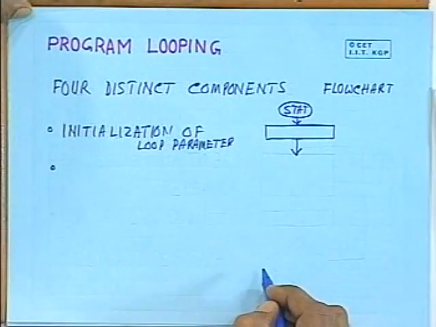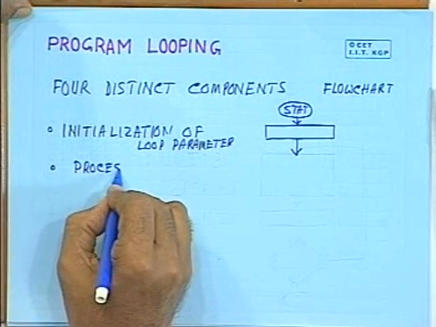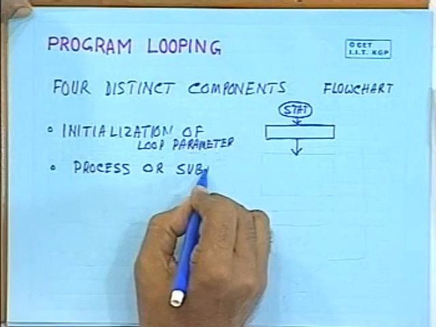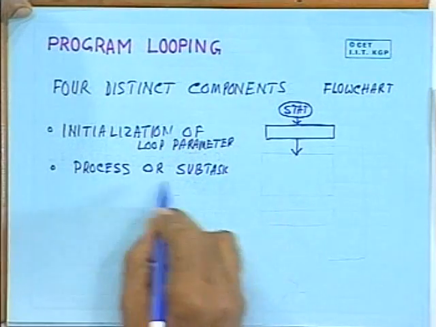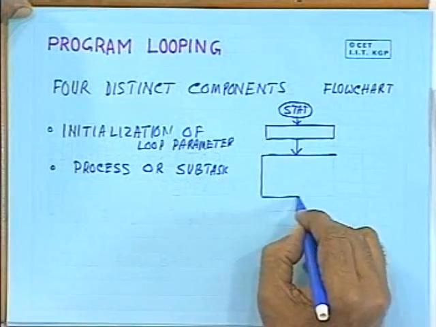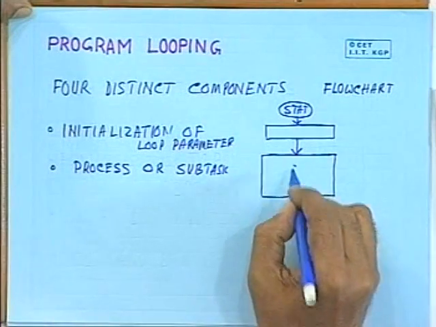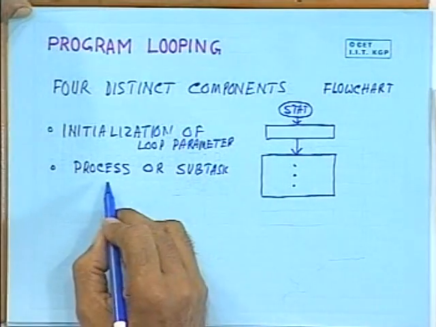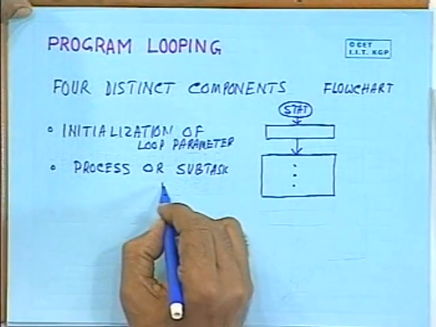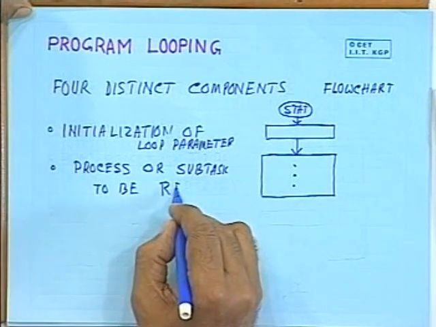Next block will have the process or subtask. That process or subtask usually can be a statement-line code box where you will have a number of instructions to be executed to implement that process or subtask, which is to be repeated.